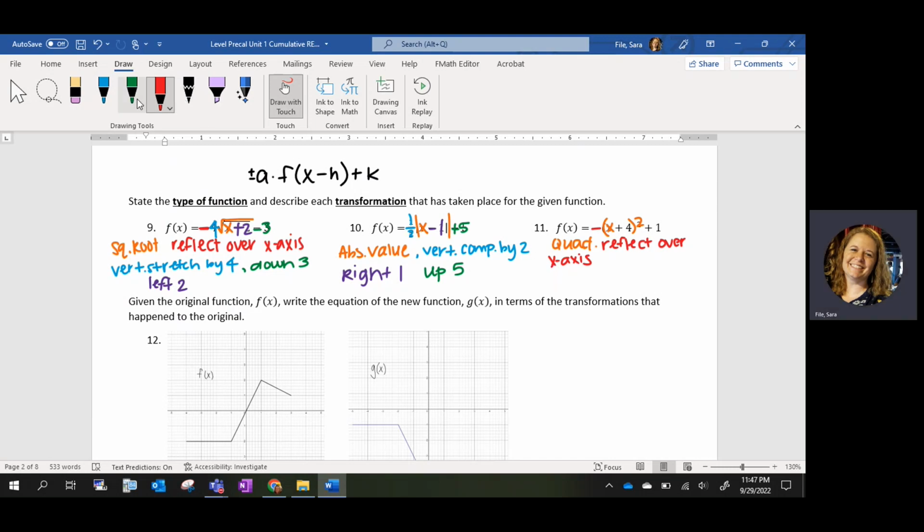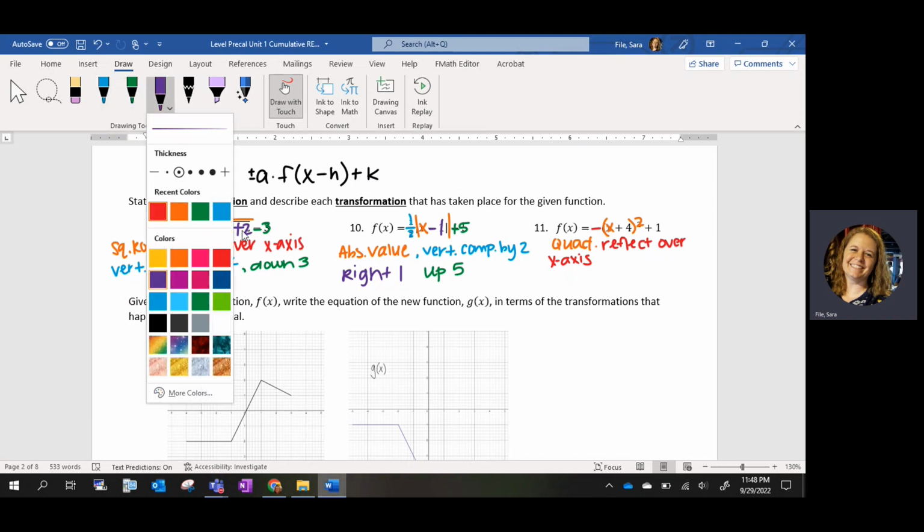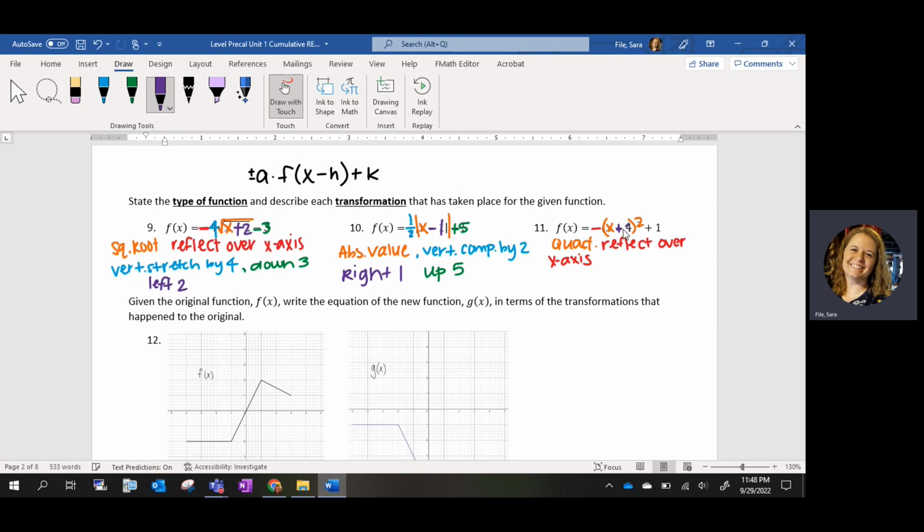And then there's no a, so there's no stretch or compression. It's an understood 1. But then we've got +4 on the inside, so that's actually going to be left 4. And then we've got the +1 on the outside, so that's going to be up 1.